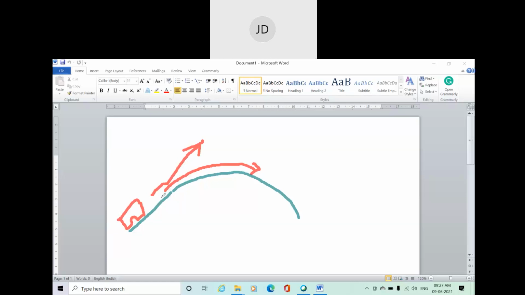If the curved track is not designed properly, that means if the super elevation is not provided properly, there is a chance of derailment. A train may also overturn in this direction because of the centrifugal force.